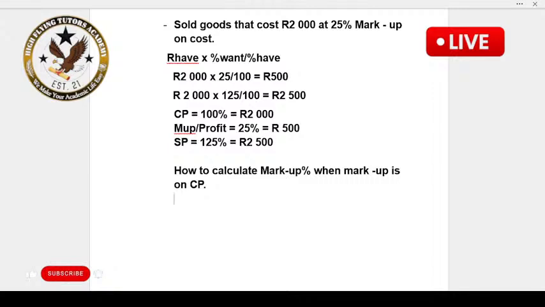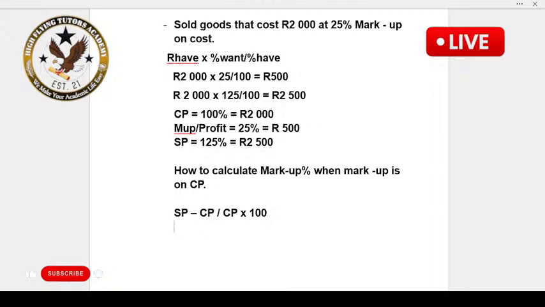We're going to say the formula says selling price less cost price, divided by cost price, multiply by 100, right?